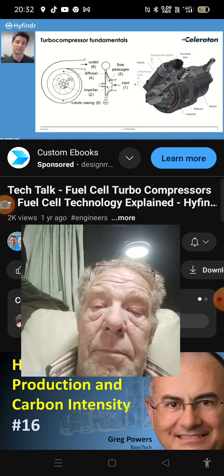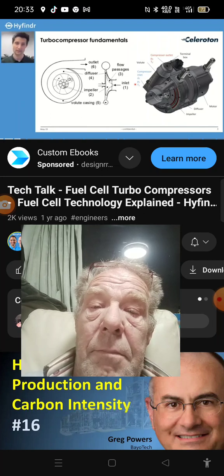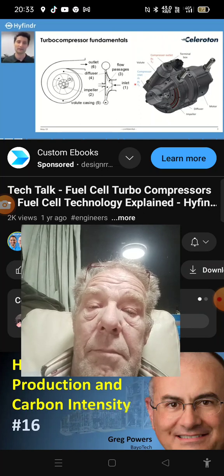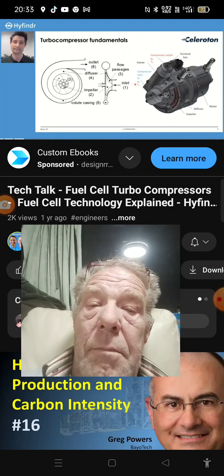In the simple form, it consists of three parts, which is the impeller, the wheel that works on the fluid. The diffuser, which is followed by our impeller, and after the diffuser we have a so-called volute or spiral casing, which connects the compressor to the fuel cell stack, for instance.